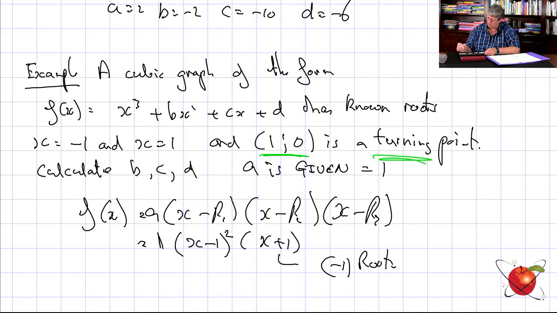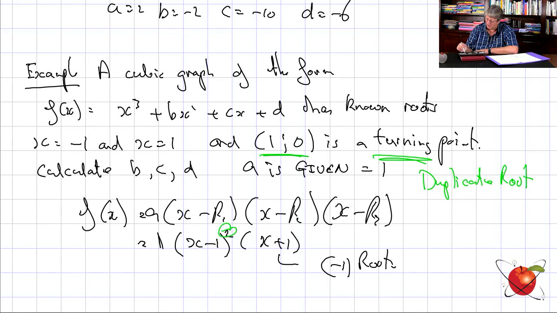If that's a turning point and a root, I duplicate the root. Okay? It's a duplicate root.